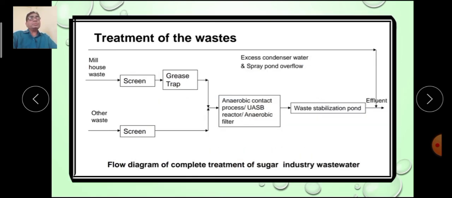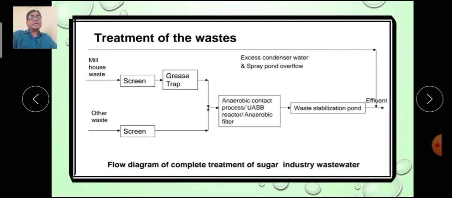Now how is the wastewater from the sugar industry treated? Now the mill house waste, that is the water, is cleaned in a grease trap, and again it is taken for the anaerobic contact process, that is the USB reactor or anaerobic filter.